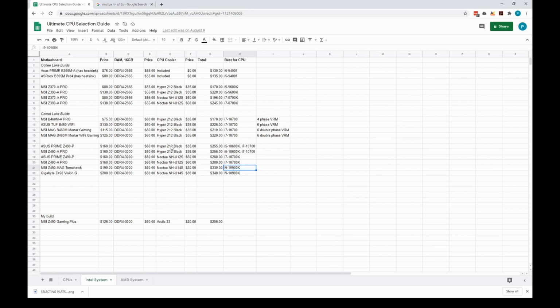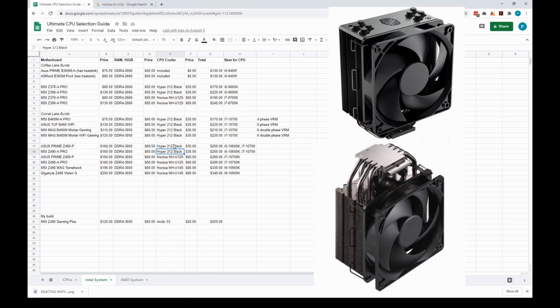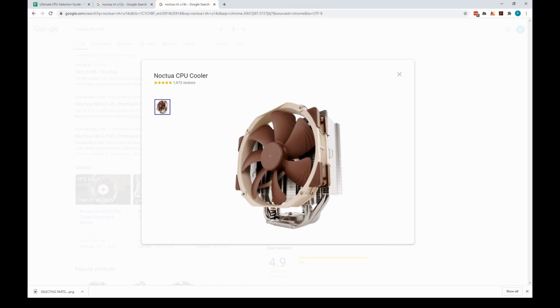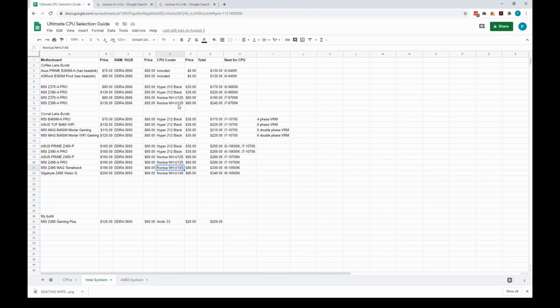And I have these coolers. I'm using the Hyper 212 Black for the 10600K, the Noctua NH-U12S for the 10700K, and then the Noctua NH-U14S, which looks like it has a bigger heatsink as well. Those are rated to take on these processors.